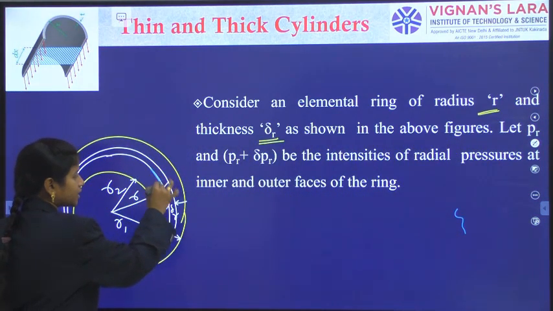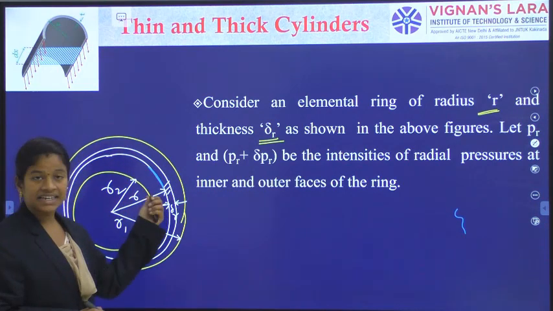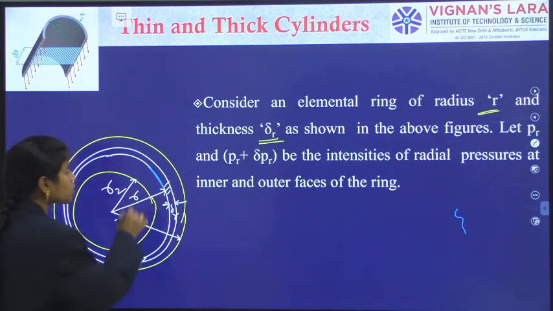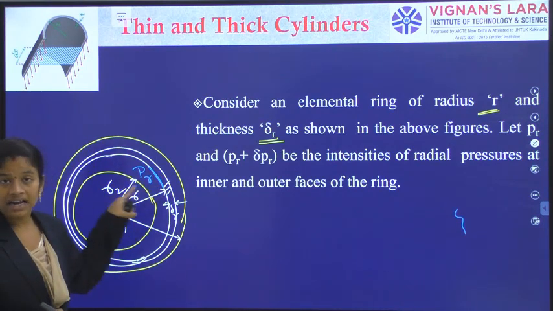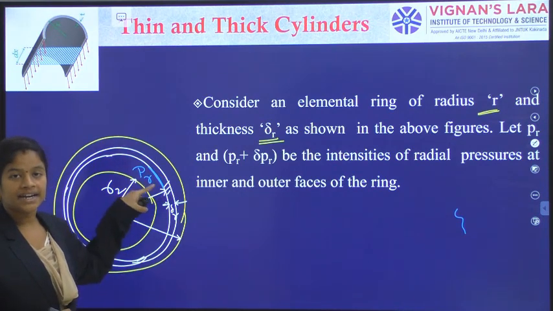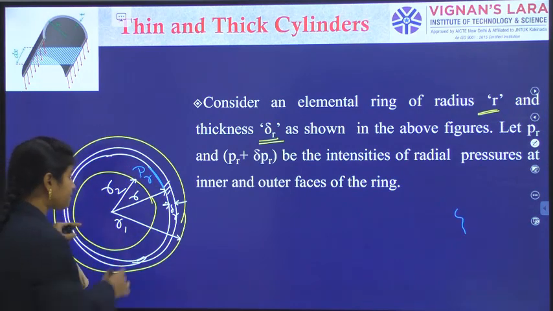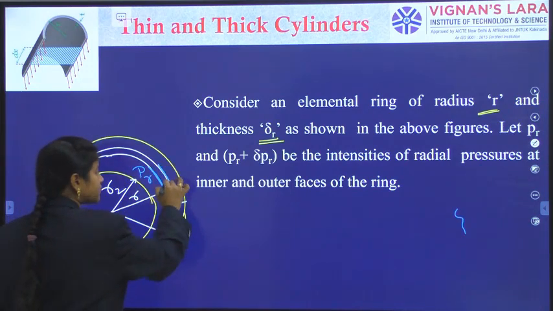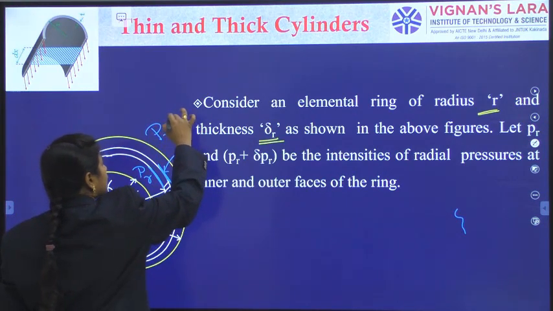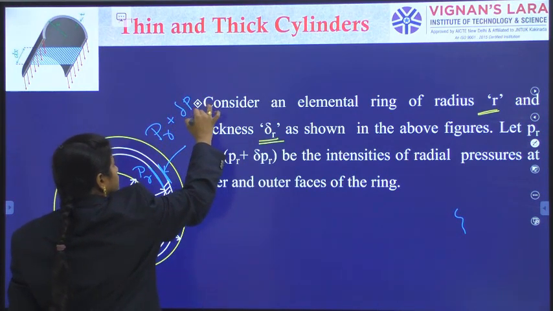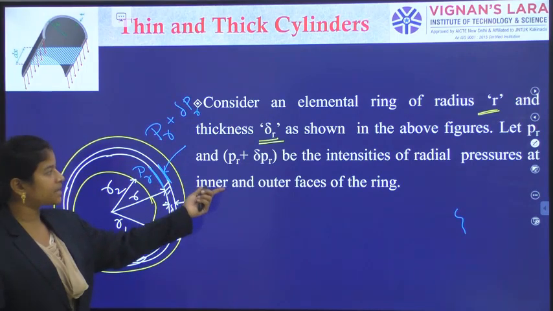At this interior level, what is the pressure offered? That I am indicating as PR, the radial pressure at radius r. And at this outer level, the pressure I have indicated as PR plus delta PR.